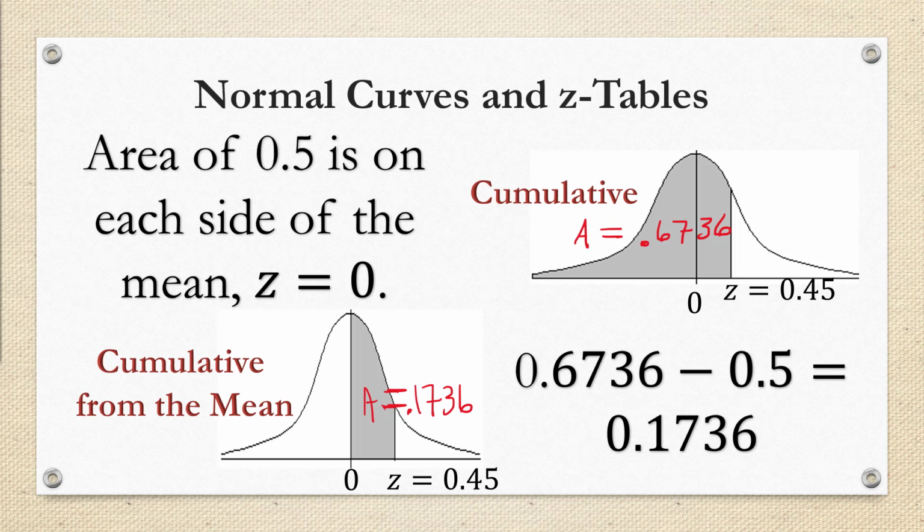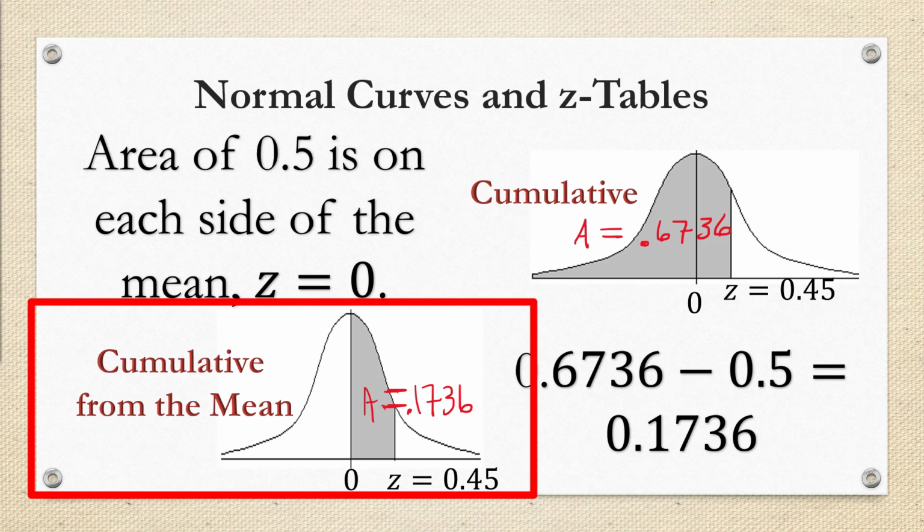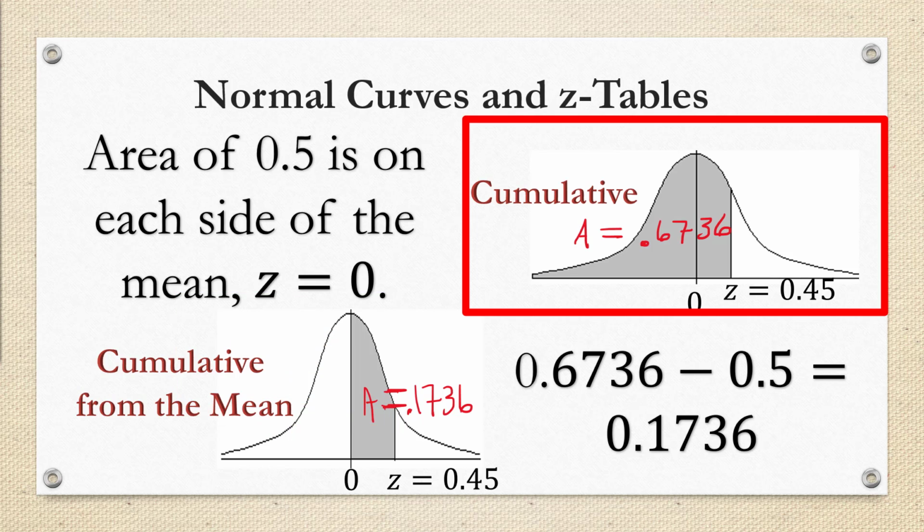So that's how those two regions relate to each other. So if I were to be using a cumulative from the mean z-table and I wanted all the area to the left of z, I would have to add back in the 0.5 that was missing. Or if I was using a cumulative z-table and I only wanted the area between 0 and z, I would have to subtract the 0.5 to find that region.